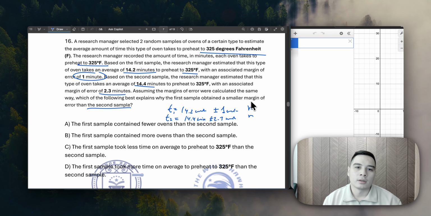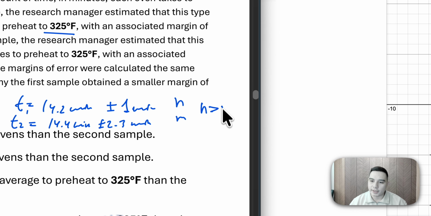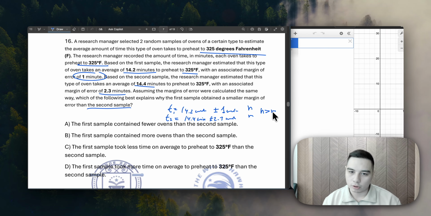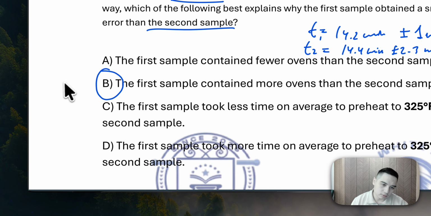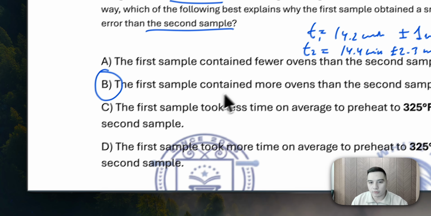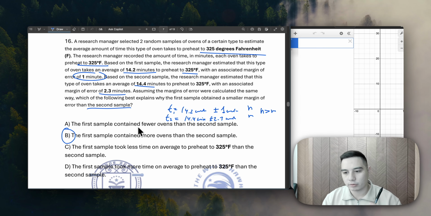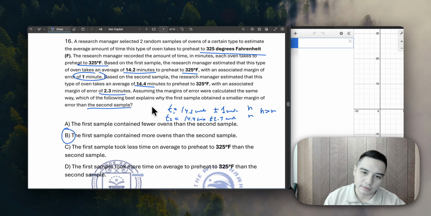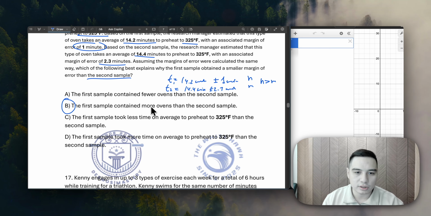But they have two random samples of ovens, and that means if n is greater than m, in that case the first margin of error will be more precise than the second. So I think the answer is B, because the number of elements in the dataset always impacts the margin of error, standard deviation, and so on.